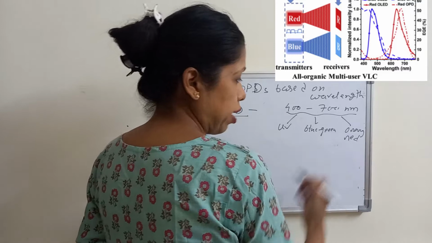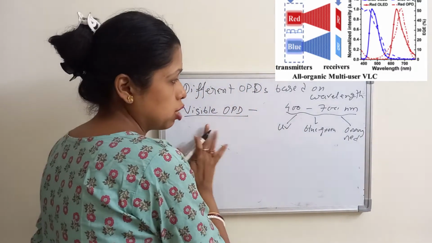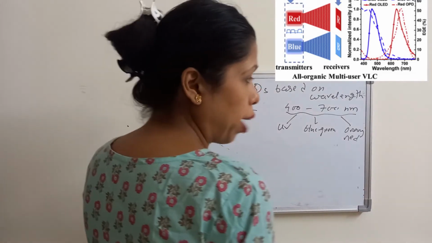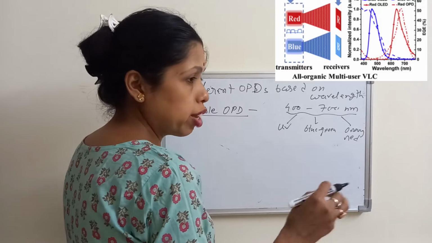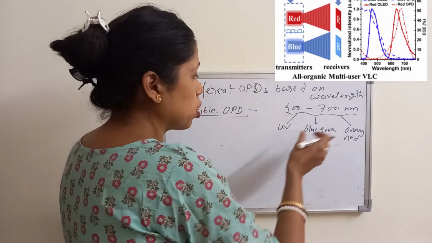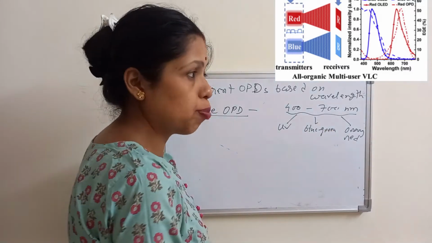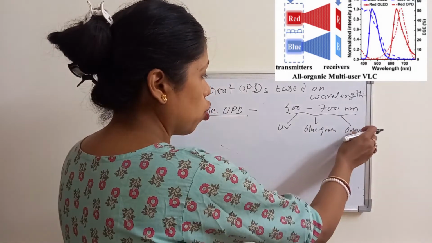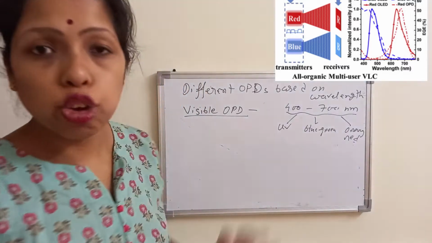and red. Okay, so we can design UV light photodetectors for different applications, for detecting and for destroying different kinds of virus, and blue and green light photodetectors for different applications, right? And orange and red light photodetectors are mainly used as visible photodetectors.